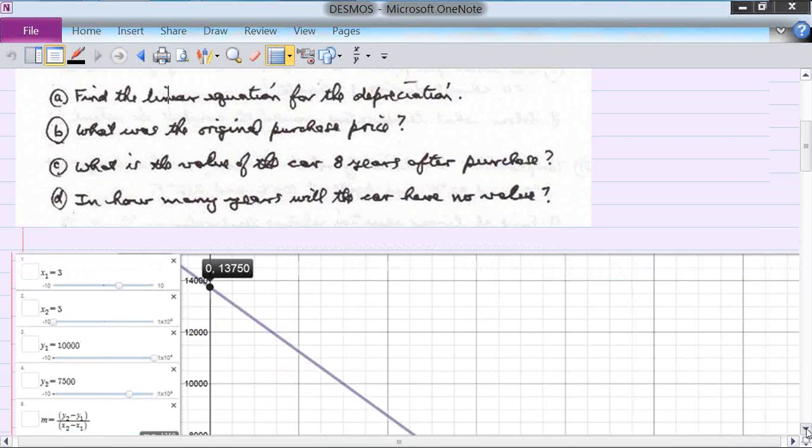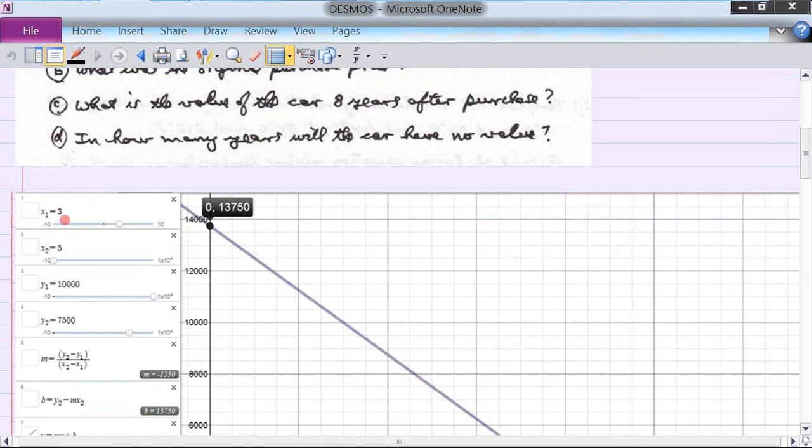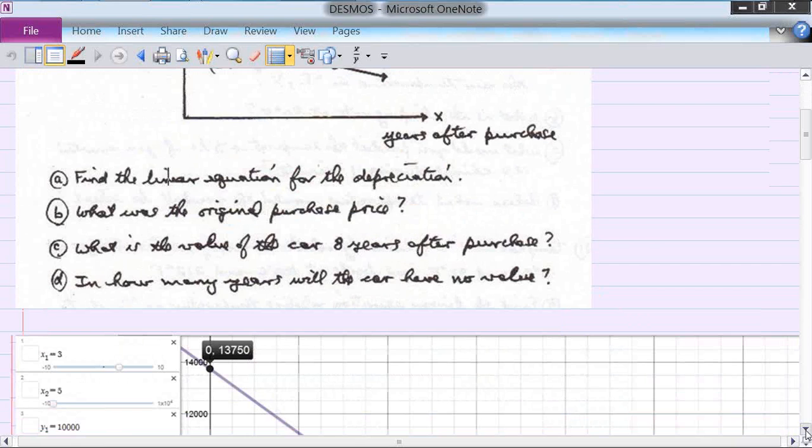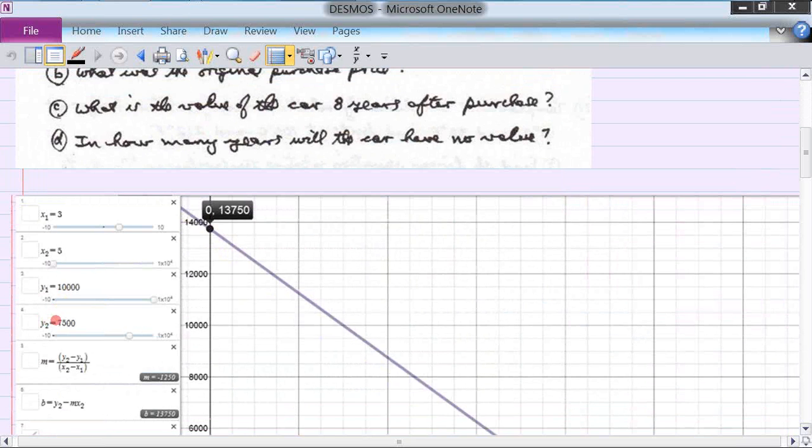So first of all, what we're going to do is put in the years as X1 and X2. So you'll see that we are given the ordered pairs. The values of X are 3 and 5, and the values of Y are here and here. So we're going to first start with the values of X and then put the values of Y in.